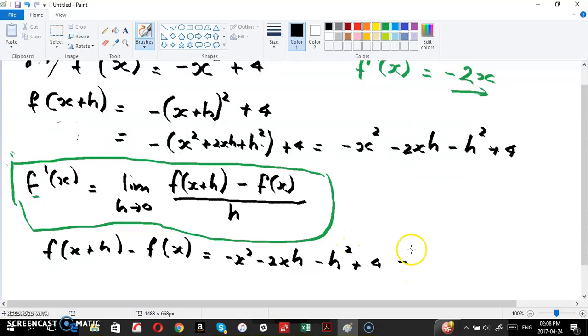Now if I minus f of x, you can see I've got a minus minus x squared plus 4, which means that negative goes into the brackets and changes the sign. So ultimately I'm left with minus 2xh minus h squared.